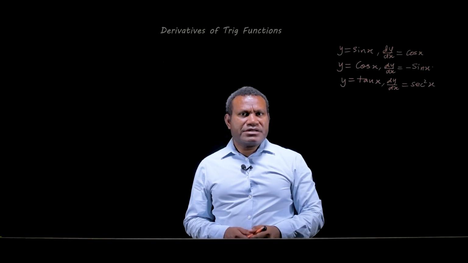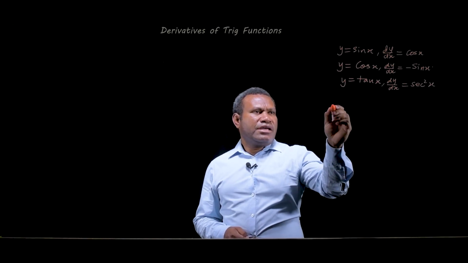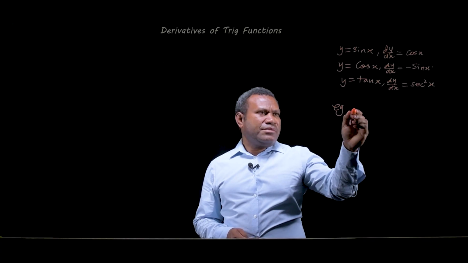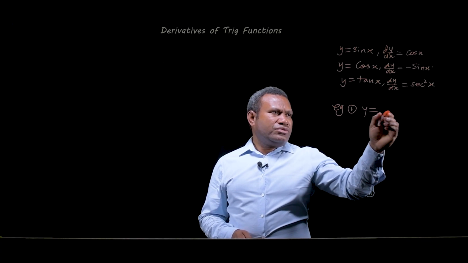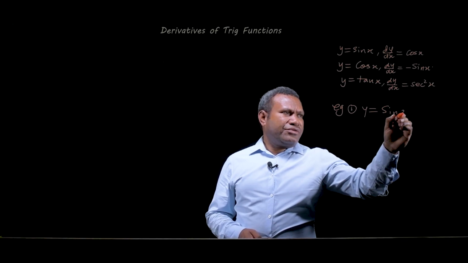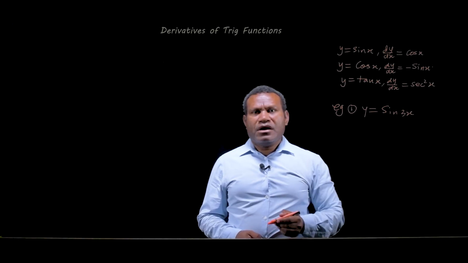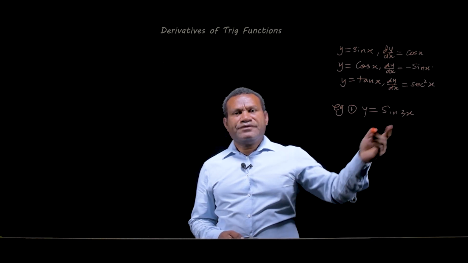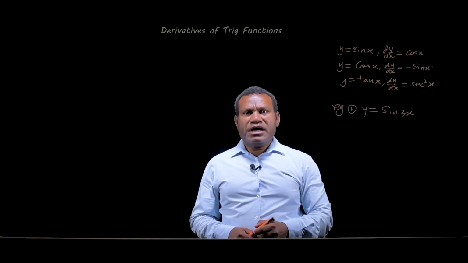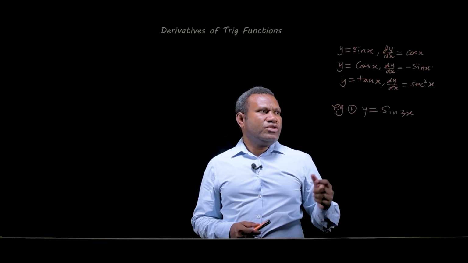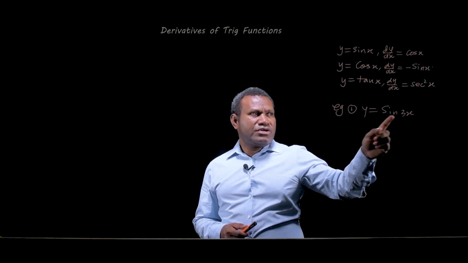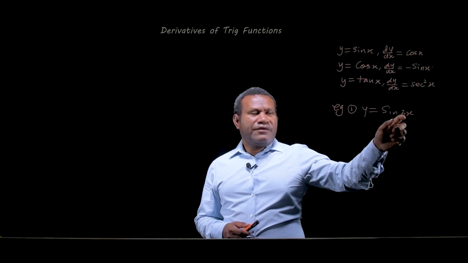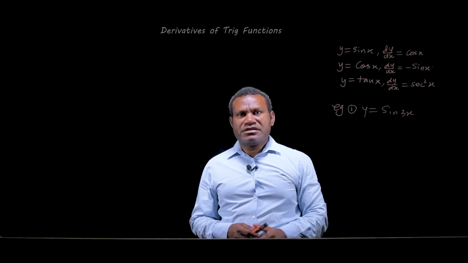To differentiate a trig function, let's take a look at some examples. Example 1: y is equal to sine 3x. How do we differentiate this function? One thing I'd like you to take note of is that you are going to apply the chain rule here, because we have a function contained in a sine function.